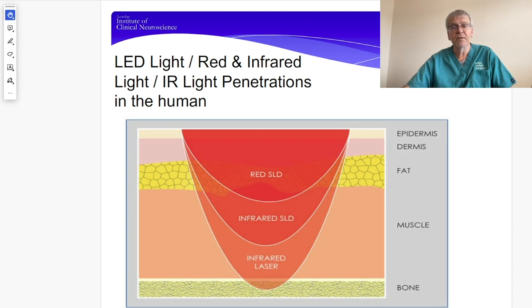All of these things depend upon the type of tissue we're penetrating, the wavelength of the light, and the intensity of the light being used. All of these factors combine to give us the actual energy that is arriving at our target tissue, which in this case might be bone, for instance. We're going to talk about the intertwining of these things and how they all relate in future episodes.